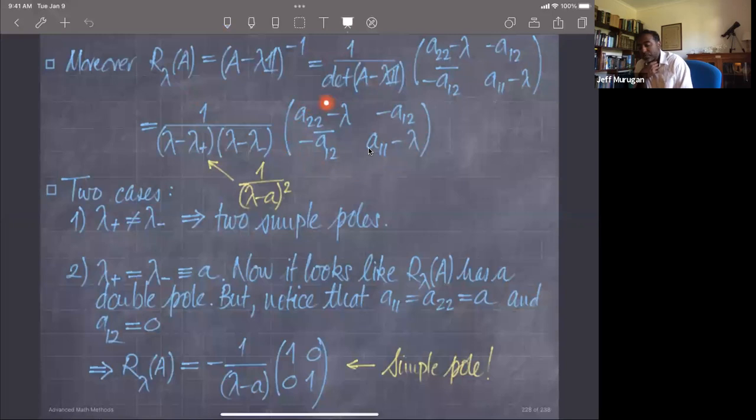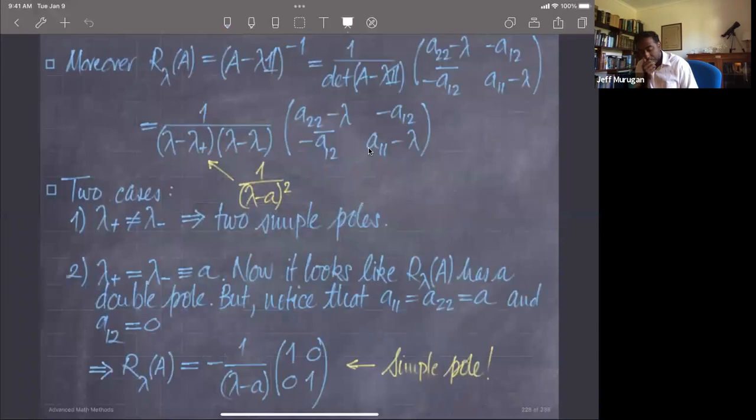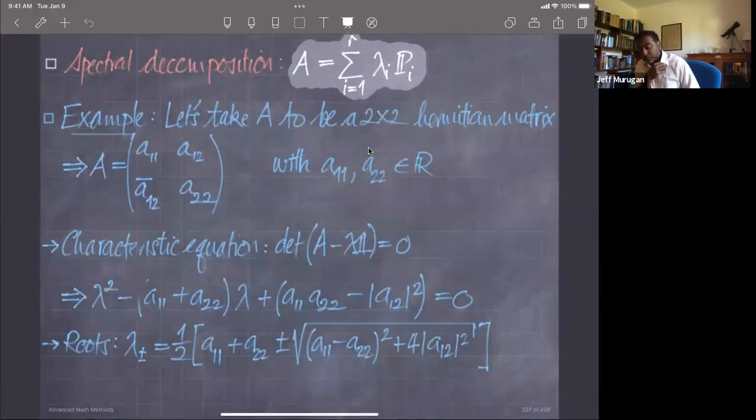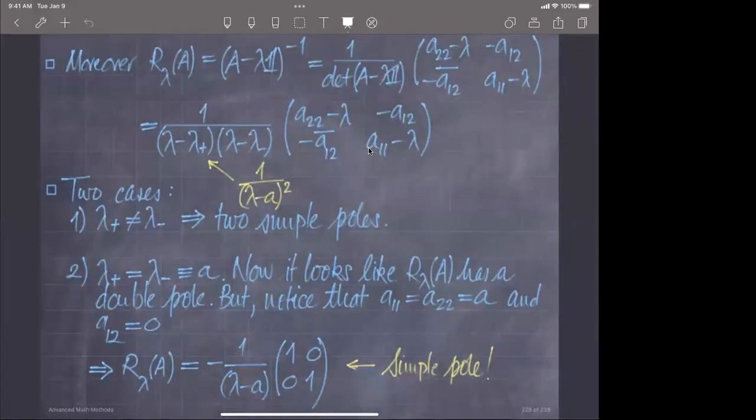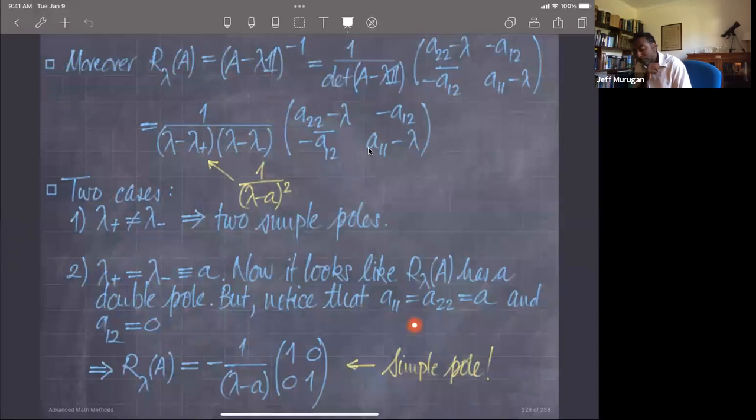But this stuff also contains information. It contains information because if I go back to the root equation, this equation here, and I set lambda plus and lambda minus both equal to a, and I ask what values of A11, A22, and A12 will satisfy this equation, I will find that the only values that will satisfy it is if A11 and A22 are both equal to the same a here, and A12 is equal to 0.